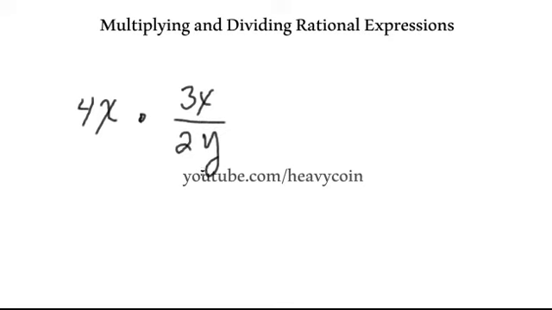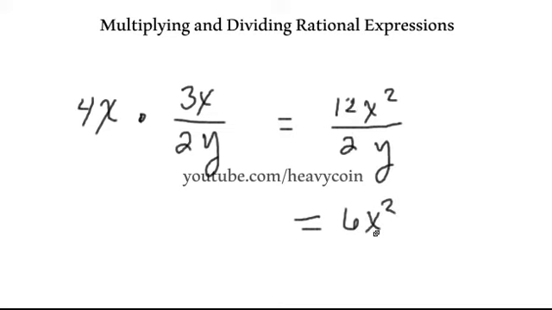So if I had 4x times 3x over 2y, you would multiply 4x times 3x, so that would end up being 12x squared over 2y, but of course this would reduce down. 2 goes into 12 6 times. So 6x squared over y. When we were multiplying, I'm not sure I mentioned that, but anyway, you just multiply this by the numerator, not by the numerator and denominator. You multiply 4x just by the numerator.